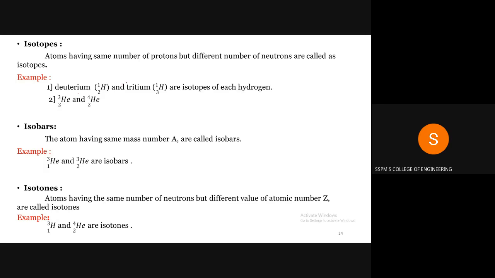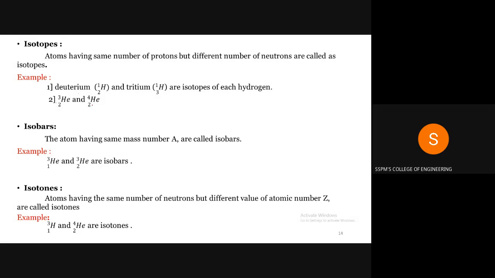Next one, 2He3. This Z is same for both, the number of protons.